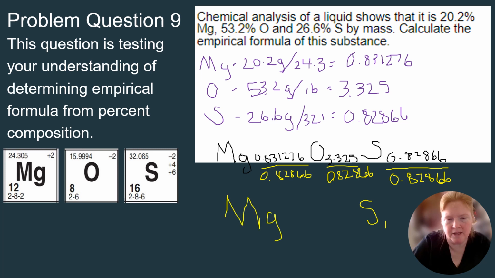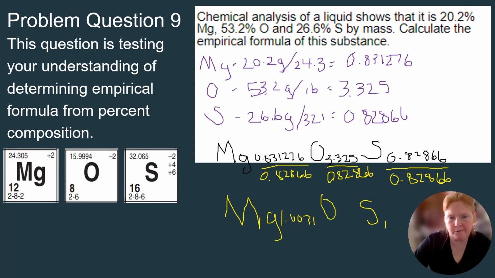So let's see what I get for Mg. I take 0.83126 divided by 0.82866, and I get 1.0031.